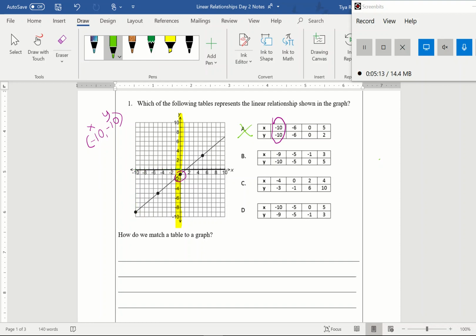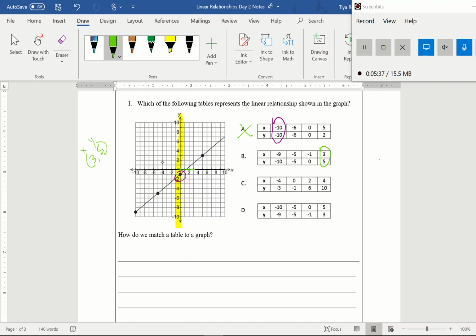Now we're going to do the same thing with B. Let's pick a positive, 3, 5. We're going to start at 0 again and go a positive 3. 1, 2, 3.